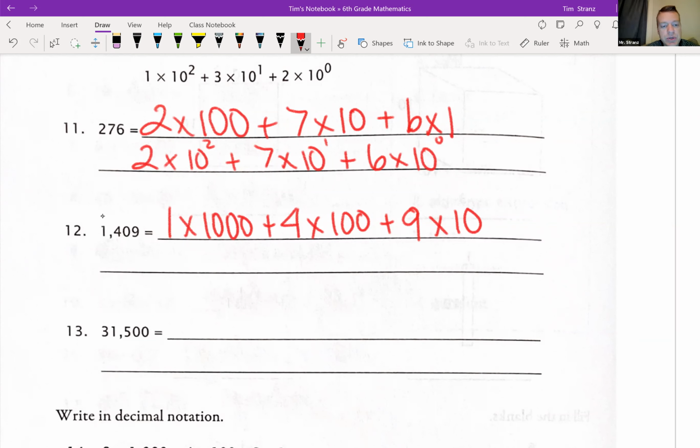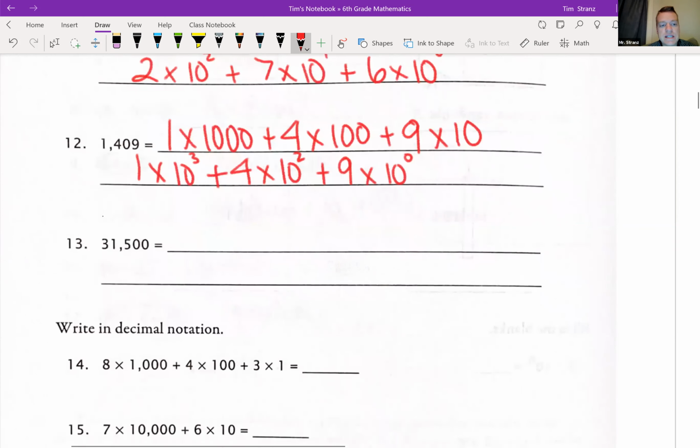Okay, exponential notation, we're going to have 1 times 10 to the 3rd power, which represents 1,000, plus 4 times 10 to the 2nd power, which represents the 400, plus 9 times 10 to the 0 power, which represents the 9, right? The ones place, which is 9.